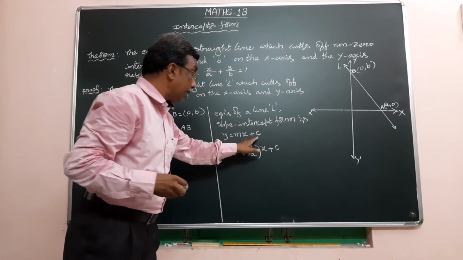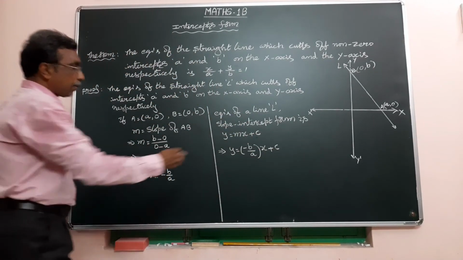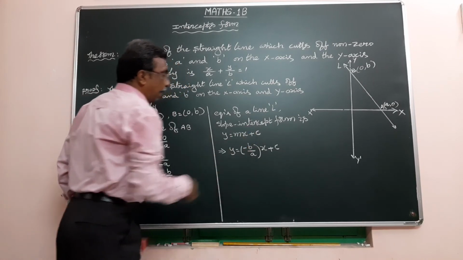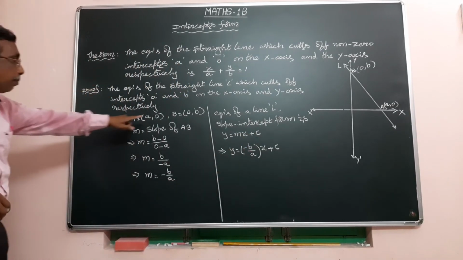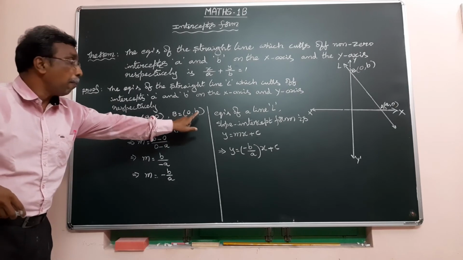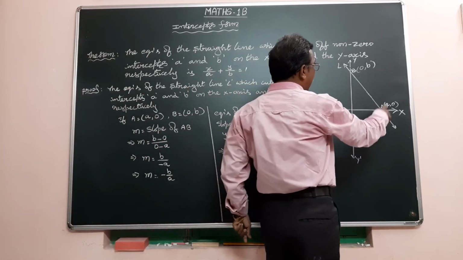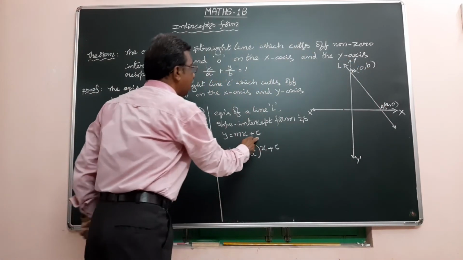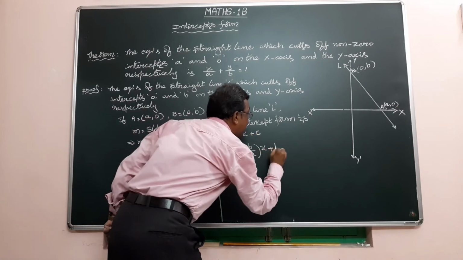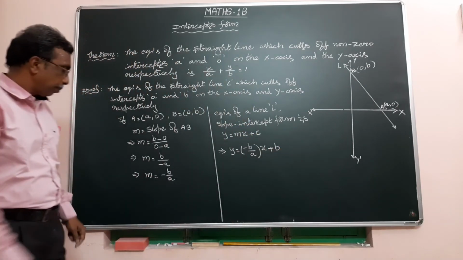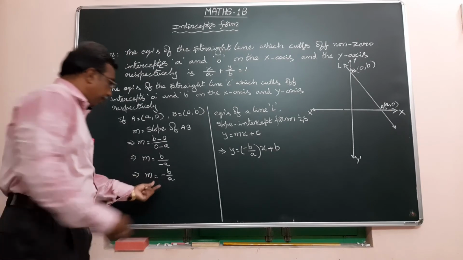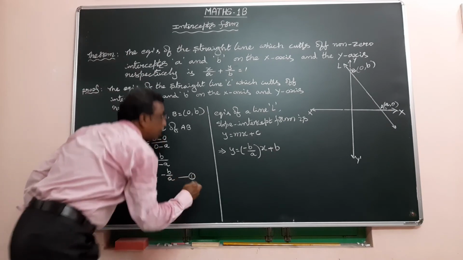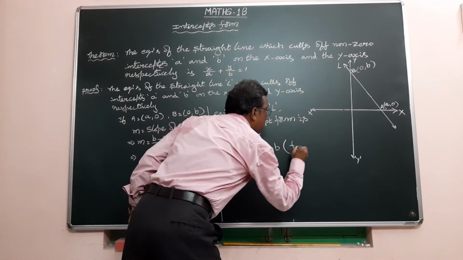C means y-intercept. Y-intercept how much? Y-intercept is B. X-intercept is A. So c equal to y-intercept, which is B. From this one, equation 1.